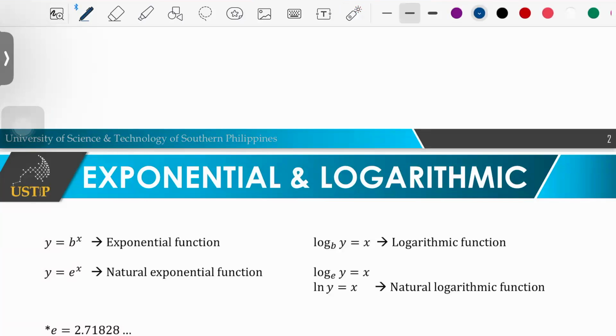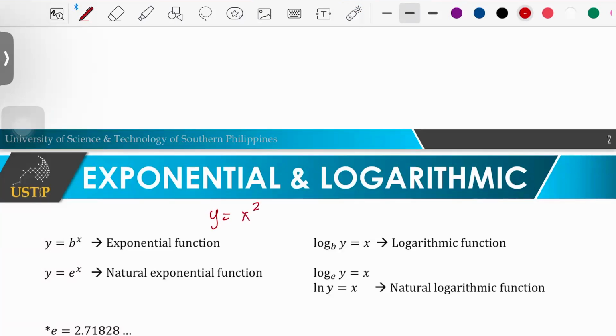So for example, if you have y is equal to x squared, the exponent is a number, so that is not exponential. Exponential again is when your exponent is the variable, given by this expression.